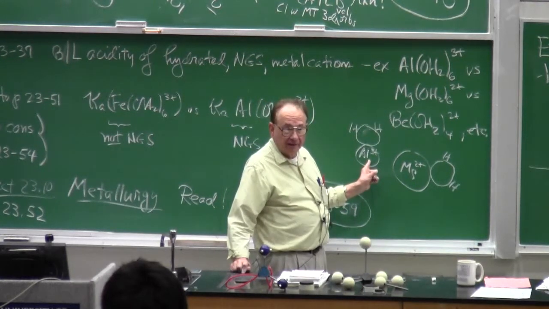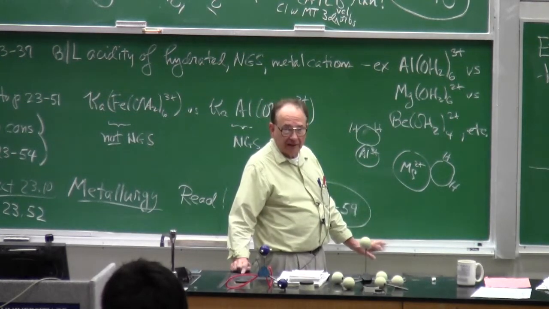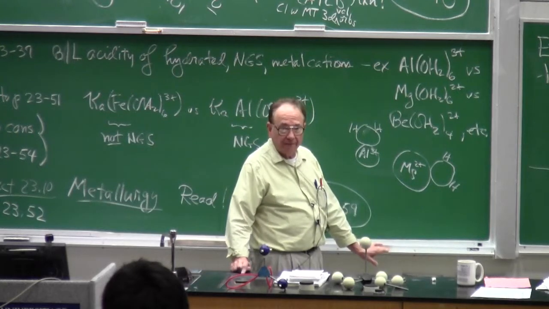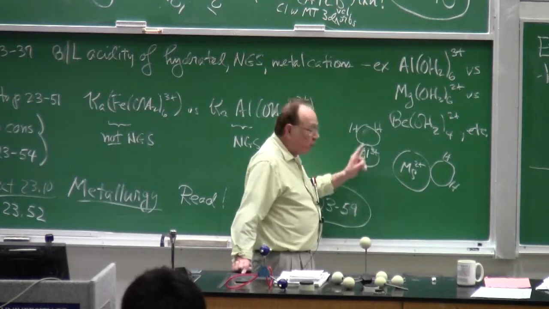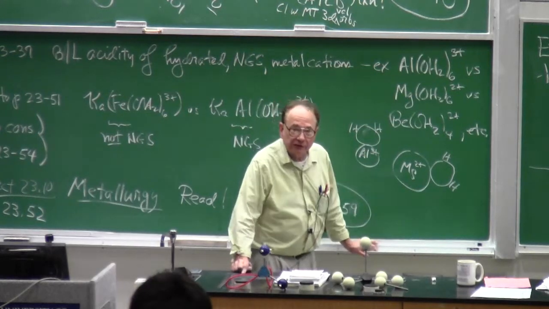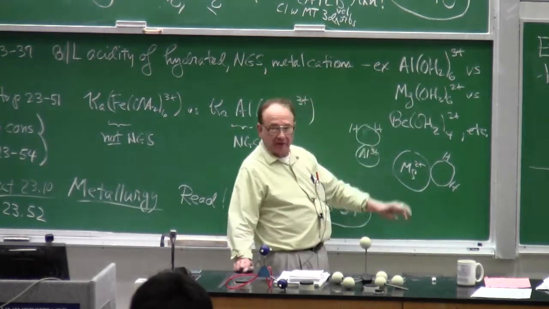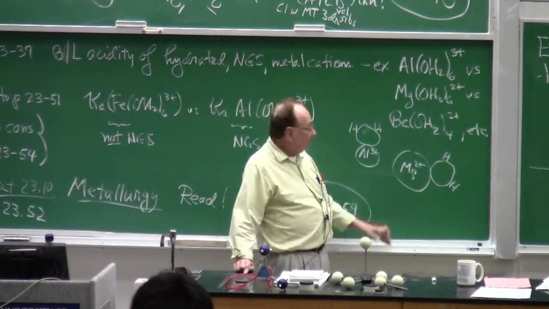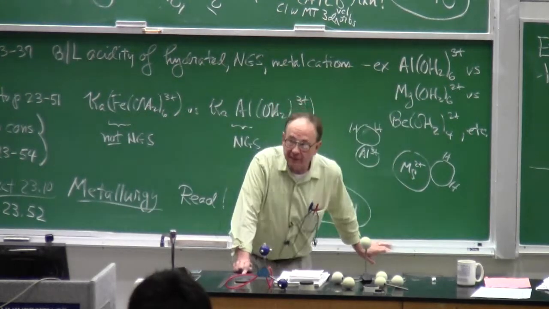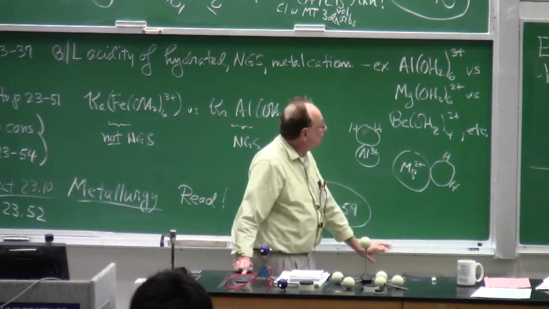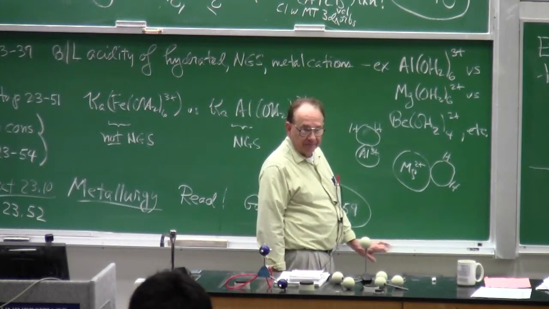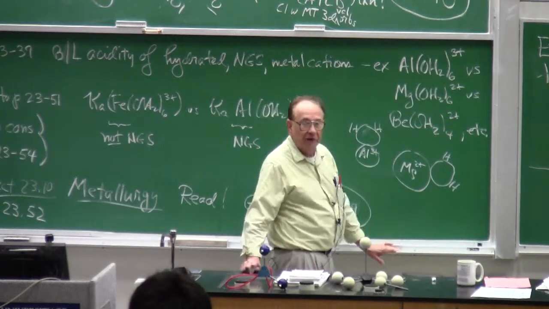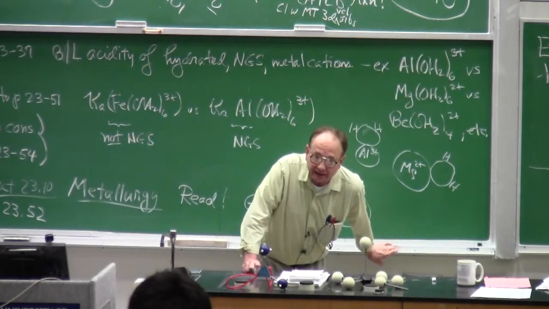Positive charge density is going to attract negative charge density, the non-bonding pair, more strongly. Now, in what way does that relate to the fact that this water molecule has a more acidic character than this water molecule? Because when these hydrated metal ions behave as Bronsted acids, they do so by forcing an OH bond of one of the hydrated water molecules to break heterolytically.